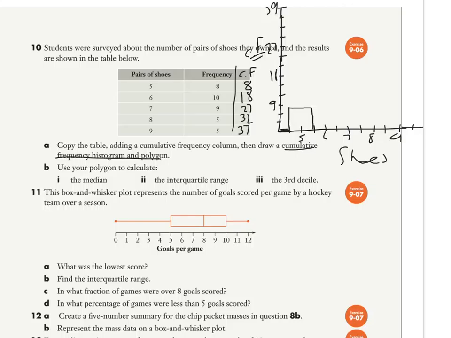The score of 6 goes up to 10 in the frequency, but it goes up to 18 in the cumulative frequency. Then we've got 27. Then we have 32, just a bit below the 33 mark. And then we have 37.